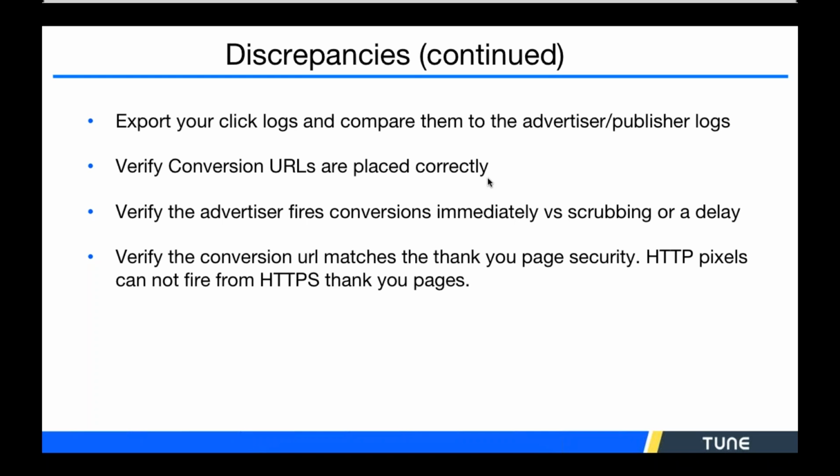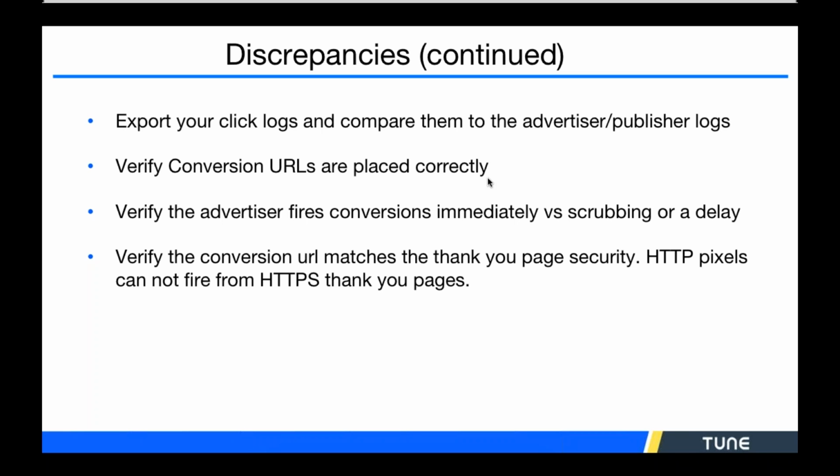I feel it's better as the ad network to receive the data from the advertiser and receive the data from the publisher and compare that on my own versus giving my data to the advertiser or my data to the publisher. It puts the responsibility of resolving the discrepancy in your hands, but also ensures that you're looking at correct data and you're not providing any entity anything that you wouldn't want to.